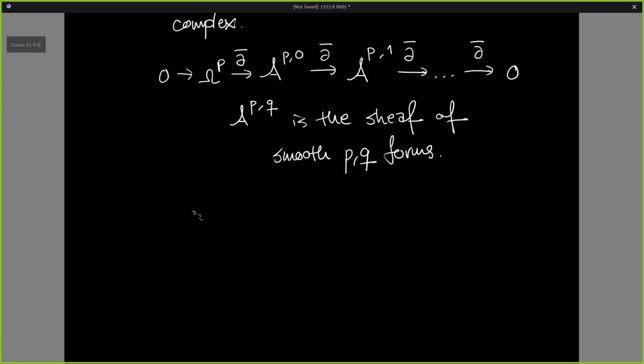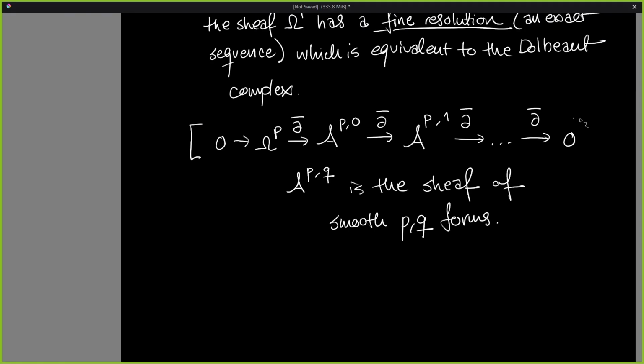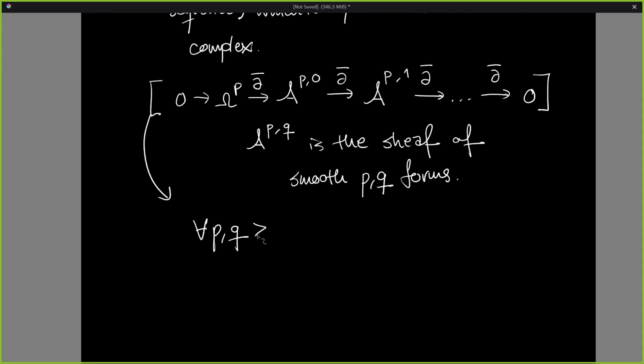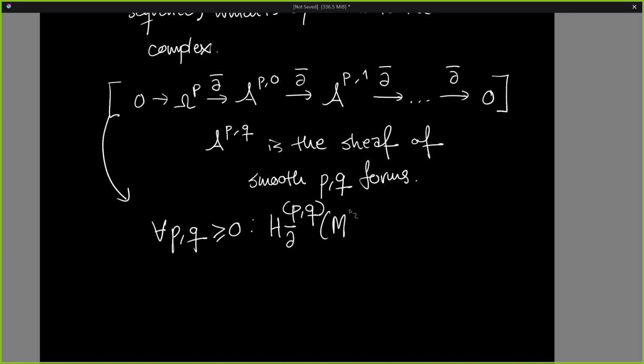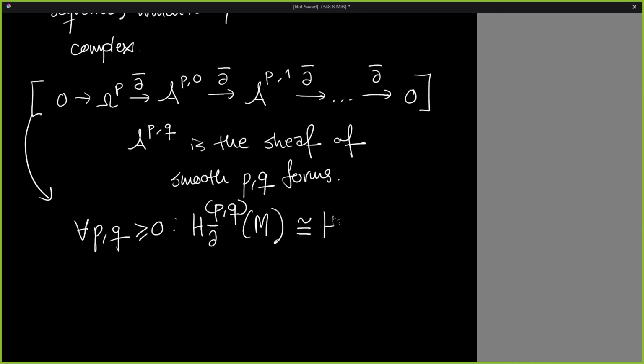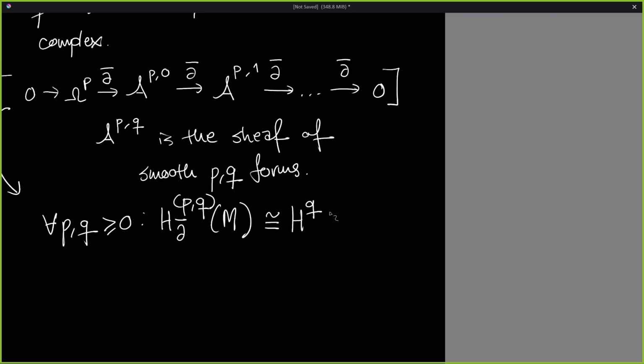So then the theorem says that this exists, and as a consequence of this, for all p, q greater than or equal to 0, H partial bar p,q, the (p,q)th Dolbeault cohomology group, is isomorphic to the sheaf cohomology group.